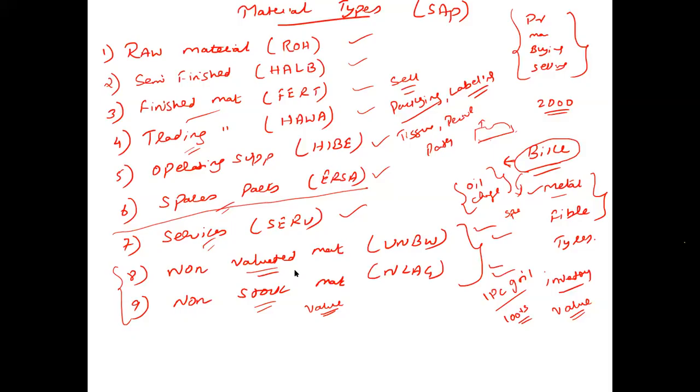That is non-valued material. As of now, understand in a simple way. In coming topics, we will cover this completely, because non-stock material will be done through a non-inventory purchase. So you will understand much better there. We'll go into detail there.